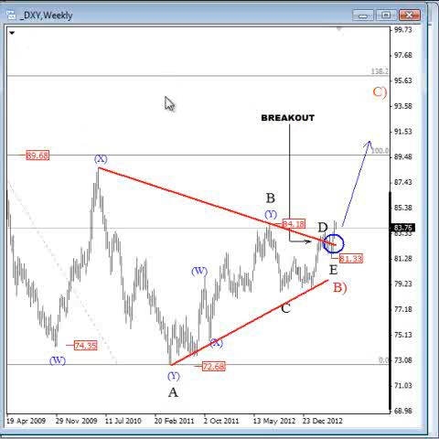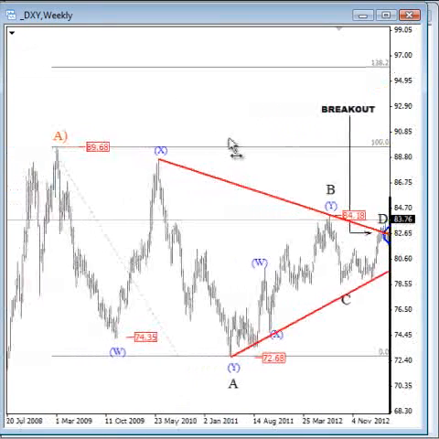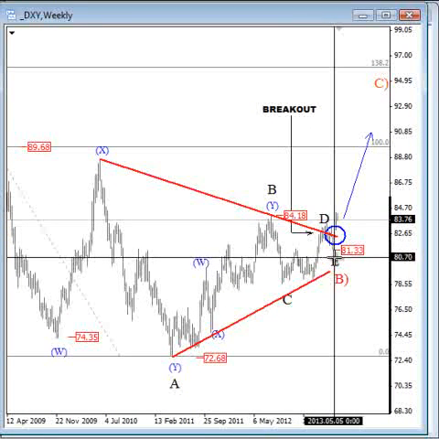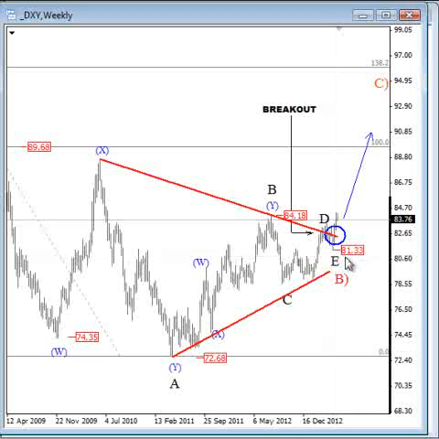So on the dollar index weekly chart, we identified the end of a wave B contracting triangle exactly at this point around 81.30, which was the low of a wave E final leg within this huge complex triangle.